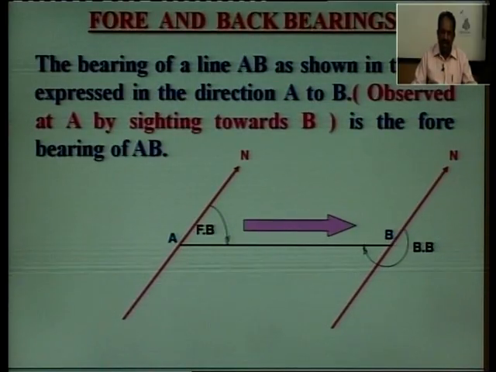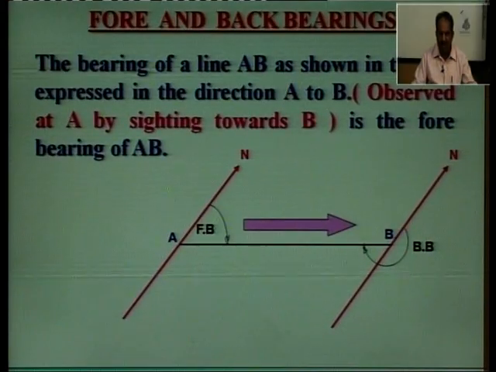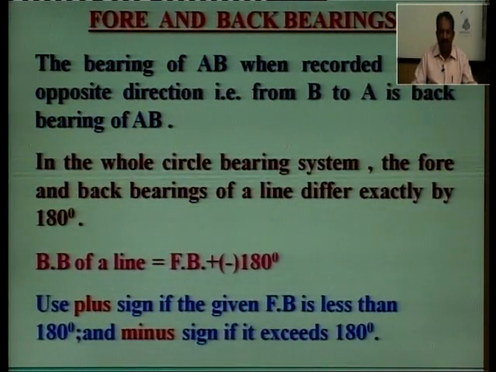The bearing of a line AB, as shown on your screen, expressed in the direction from A to B, that is observed at A by sighting towards B. Please see your screen, it is the fore bearing of AB. The bearing of AB when recorded in the opposite direction, that is from B to A, is called the back bearing of AB.